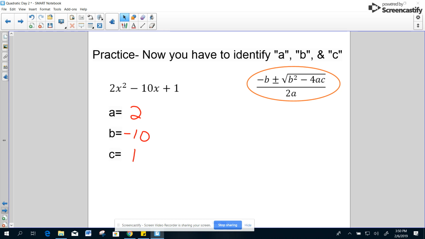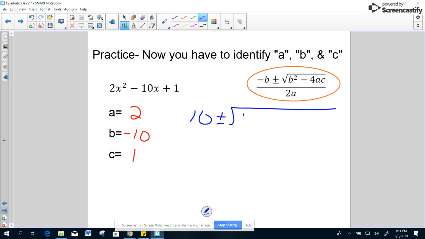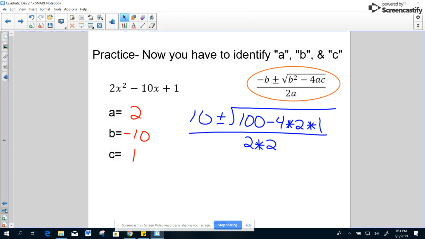I must be careful that now when I start my equation, I start with the opposite of B. Again, notice that I did negative 10 squared, or negative 10 times negative 10, in my head or on the side so that I get 100 underneath my square root sign.